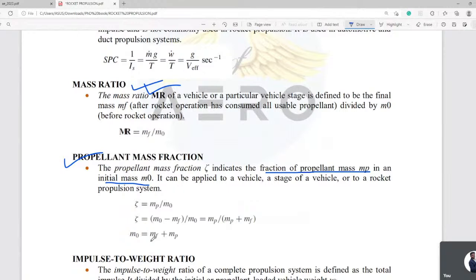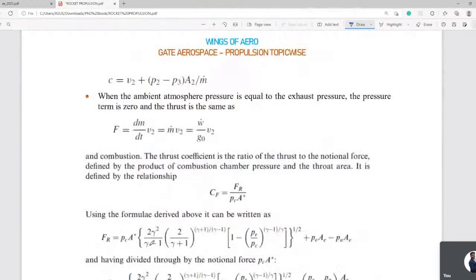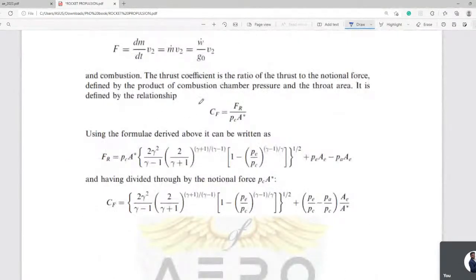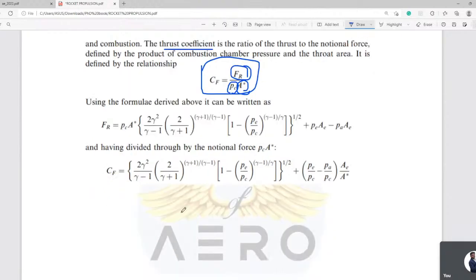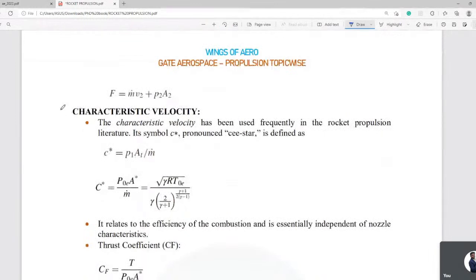Then we have another important relation, thrust. How do you calculate thrust, and what are the relations? What is the thrust coefficient, how do you find the chamber pressure, what should be the throat area, and what is the thrust produced by the engine?